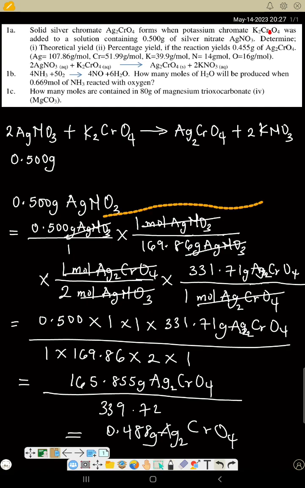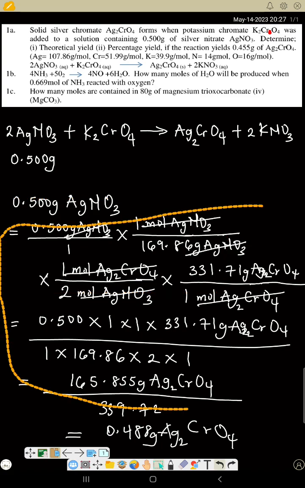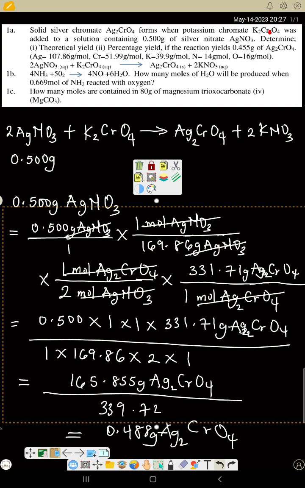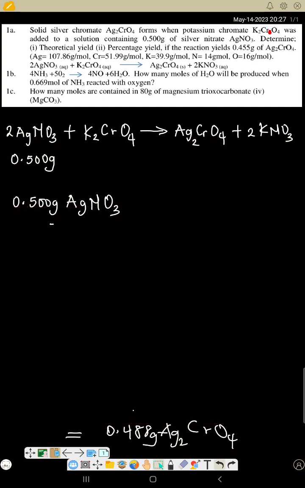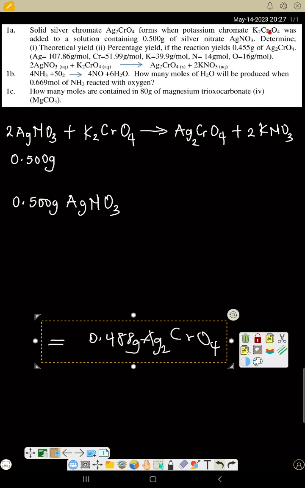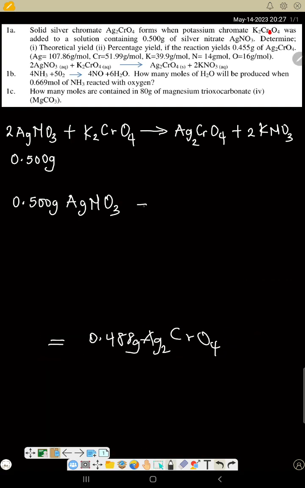That means 0.500 gram of silver nitrate will give us, is equivalent to, 0.488 gram of silver chromate.